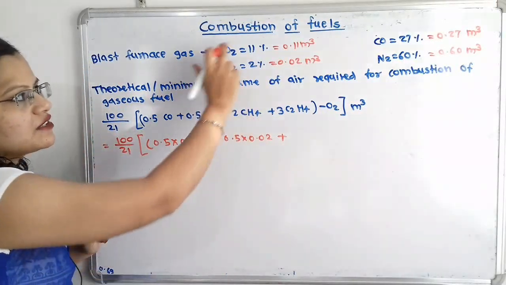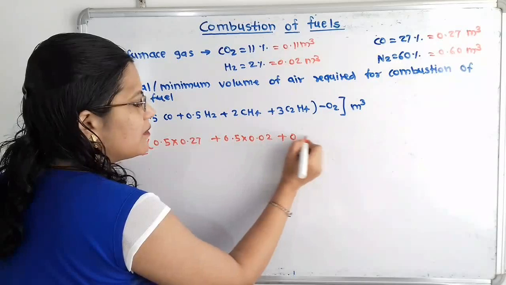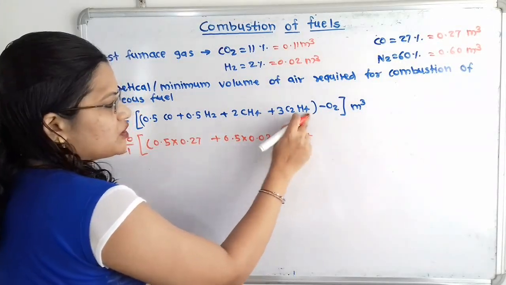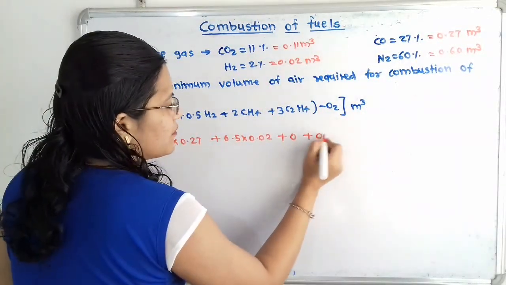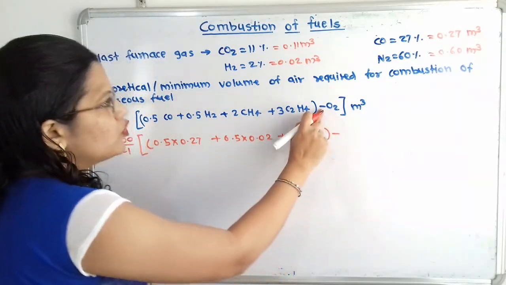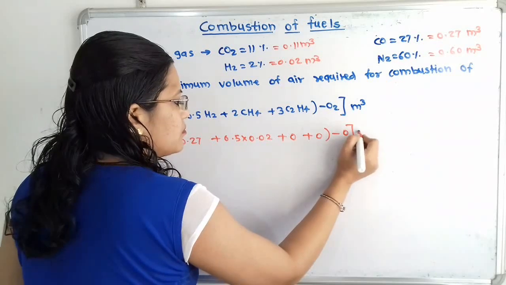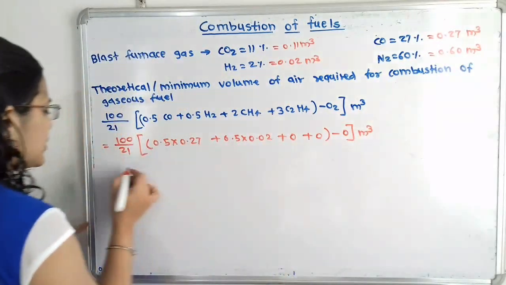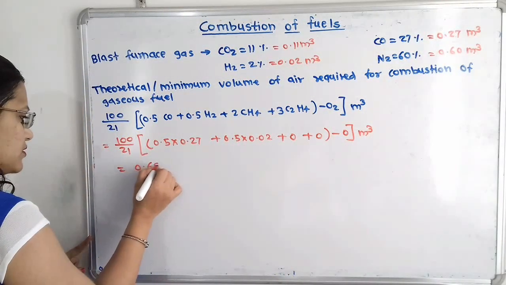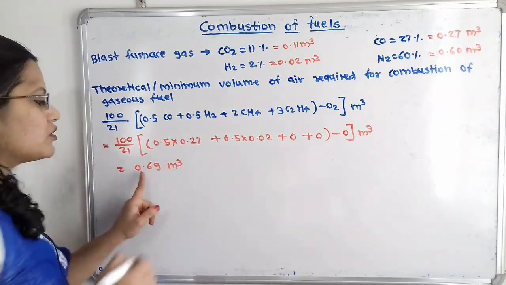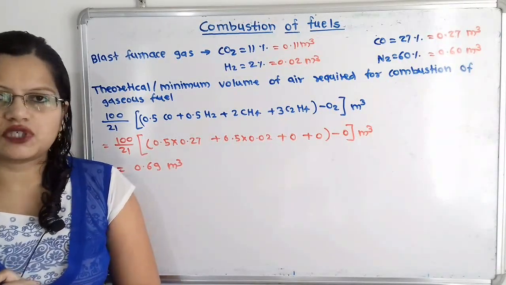Methane is not present in the gaseous fuel, plus C2H4, this is also not present, so we write 0, minus O2. Oxygen is also not present, so we write minus 0 meter cube. When we solve this, we get the answer 0.69 meter cube. So this is the answer of the first question.